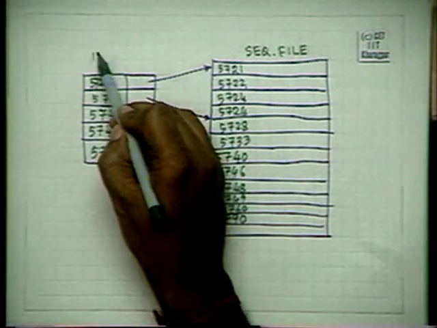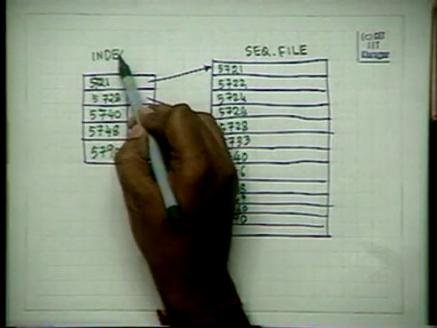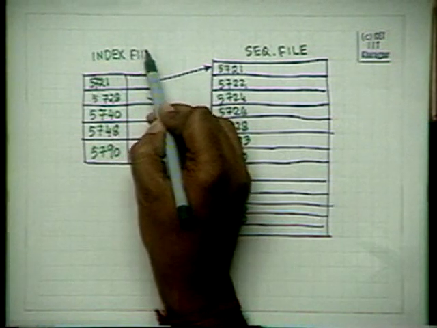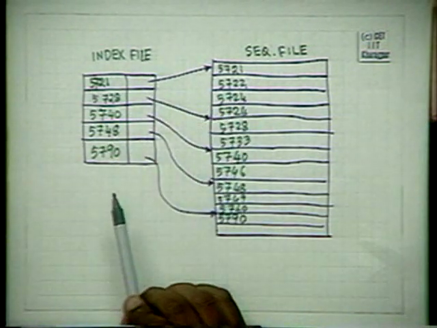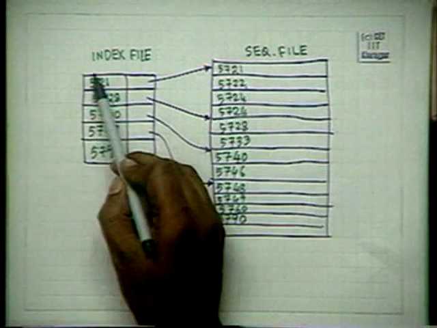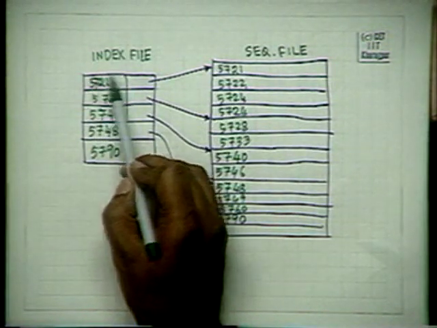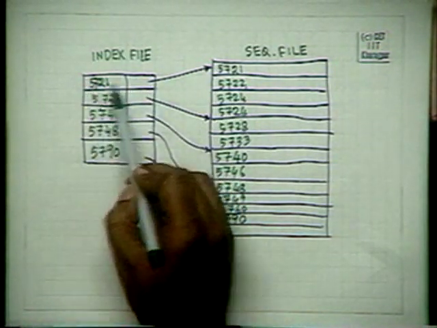This is the index file. This is another file which has got the primary key only. The record structure of this file is a primary key and a pointer to another record.